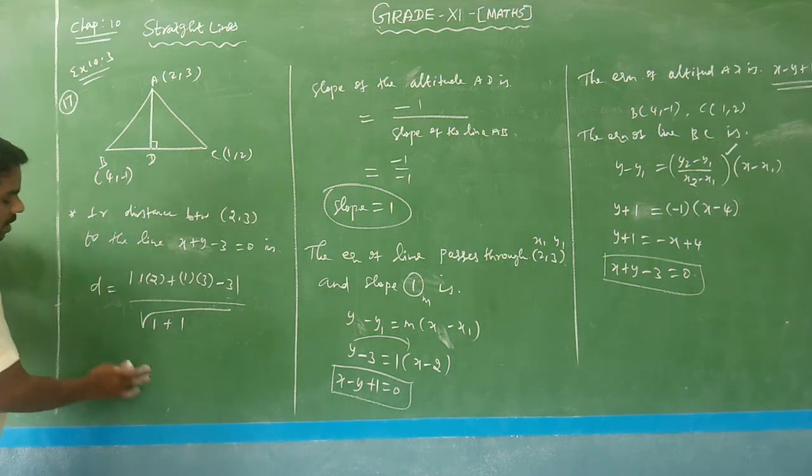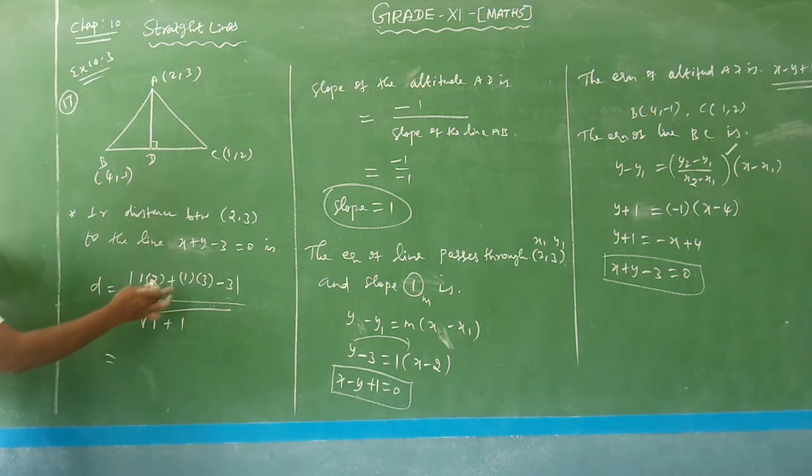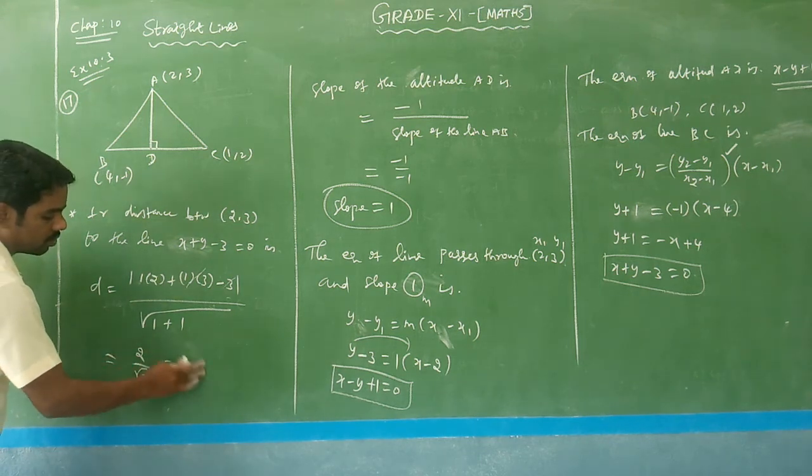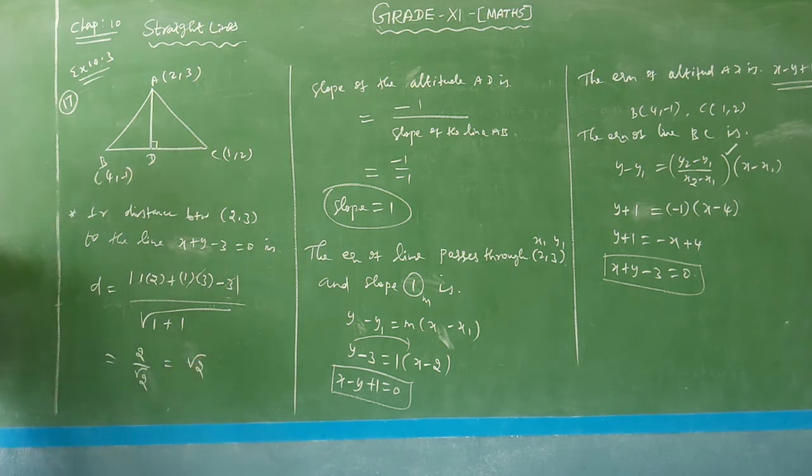So it is 2 plus 3 minus 3; plus 3 minus 3 cancel, remaining 2 divided by root 2, which is root 2. Therefore, the required distance is root 2 units.